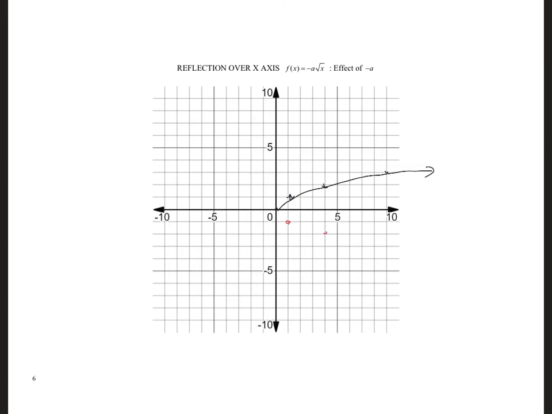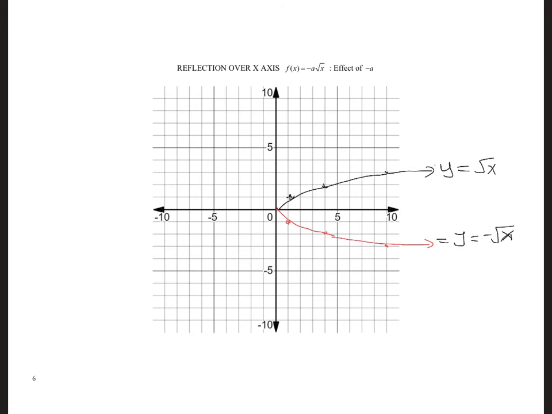So 1, 2, 3. And this is how the graph is going to be. So here, this is y is equals to square root of x. And this is y is equals to negative square root of x.